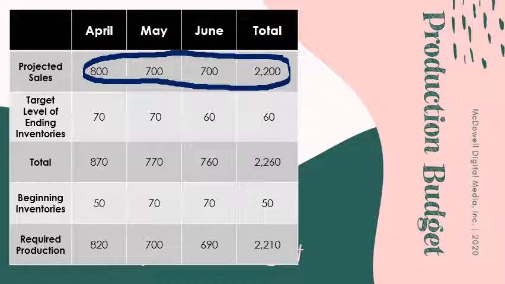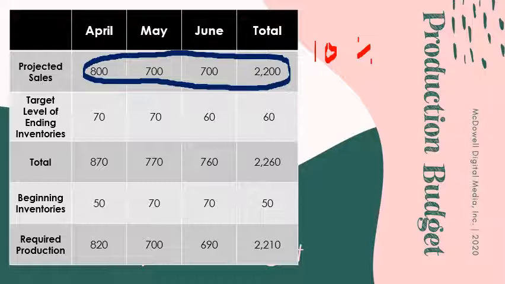Okay, so let's assume that you expect 10% ending inventories from the next sales. So, ito yung next sales natin. Ulitin natin ha. Let's say that you expect 10% of ending inventories from the next sales.